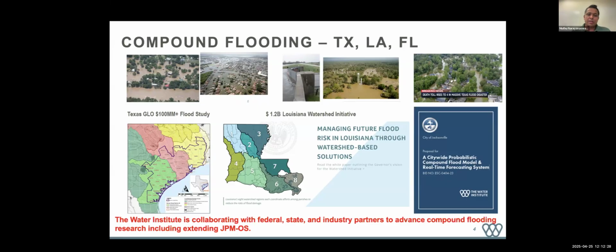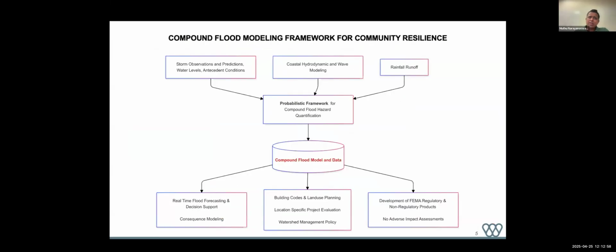It involved an initial pilot in the Amite River Basin, followed by an ongoing activity to expand it to cover the entire coastal Louisiana. In Florida, in the city of Jacksonville, we're doing multiple activities founded on compound flood modeling. It's used for hazard quantification for current and future flood hazards, looking at sea level rise and precipitation changes in the future. Additionally, we're using the model for some real-time forecasting initiatives as well.